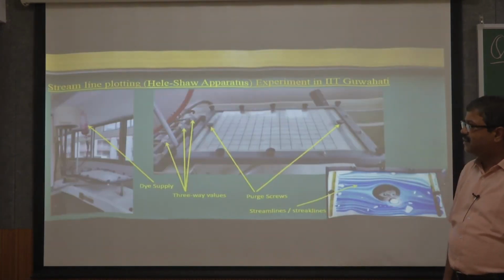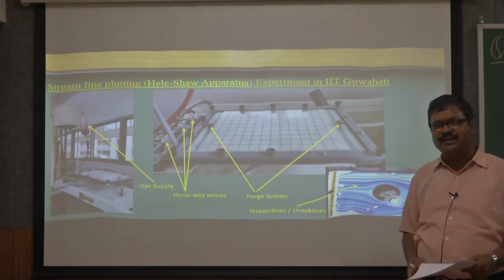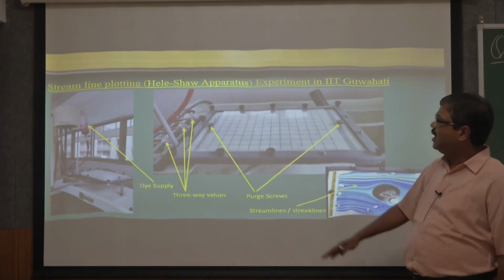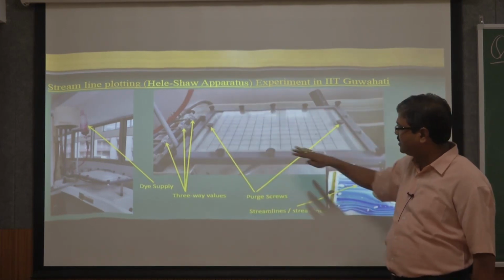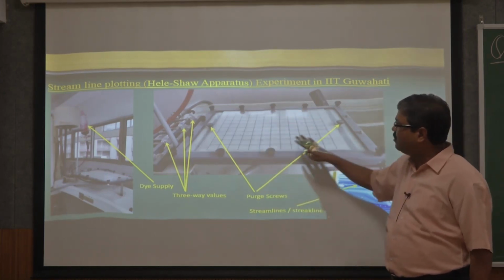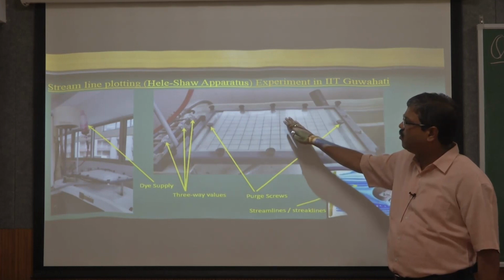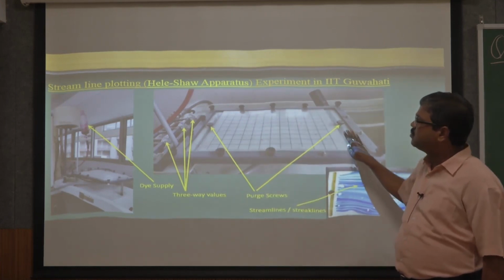I will show again that a very small experiment can be conducted, which is called the Hele-Shaw apparatus. With an apparatus like this you can create the streamline pattern, the streak line pattern and path line patterns using this small device.